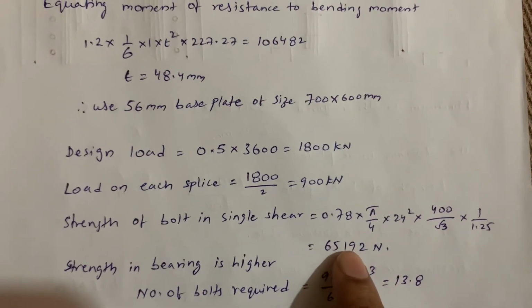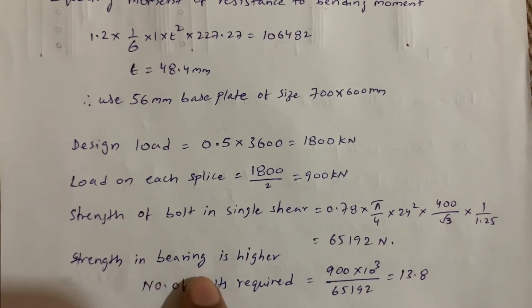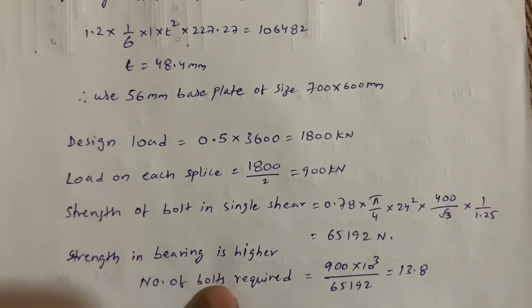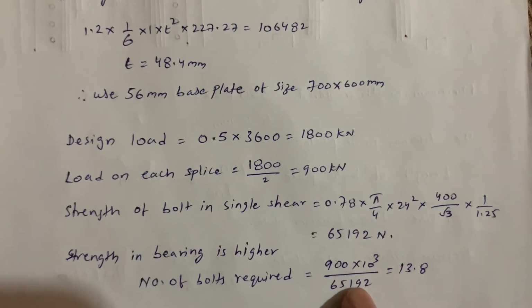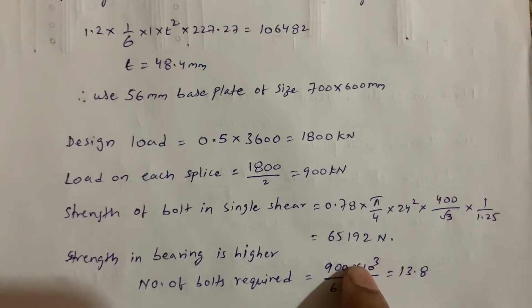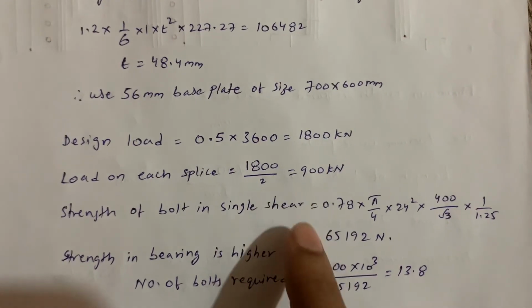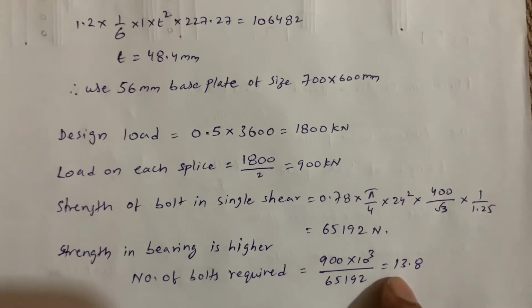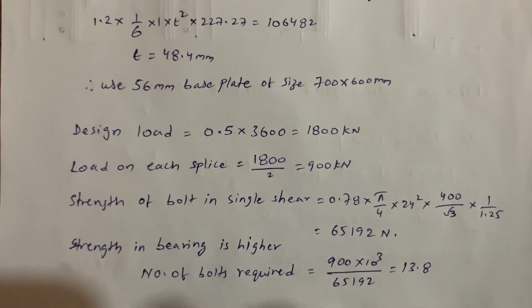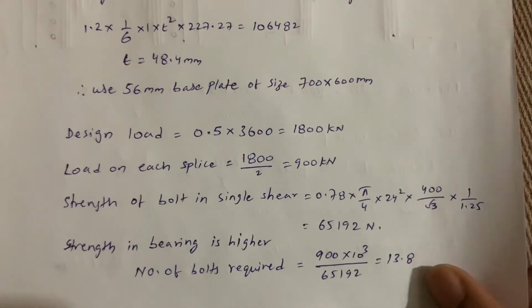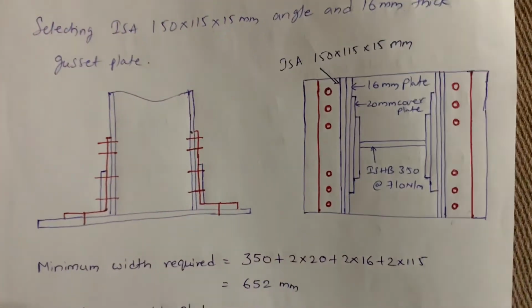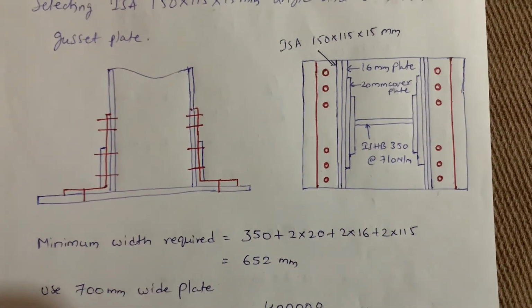Next I got 65192 Newtons. So strength in bearing is higher. The number of bolts required is 900 into 10 cube by 65192. This 900 is the load on each splice. So I got 13.8. So I am considering a total of 16 bolts to connect the gusset plate.